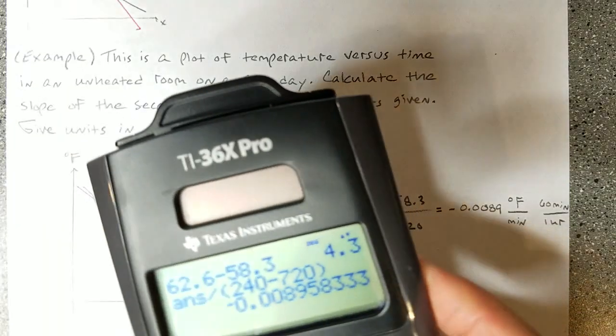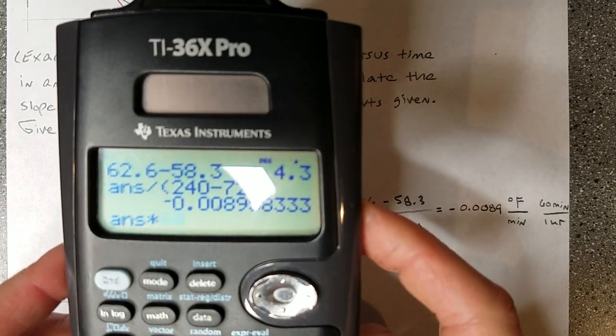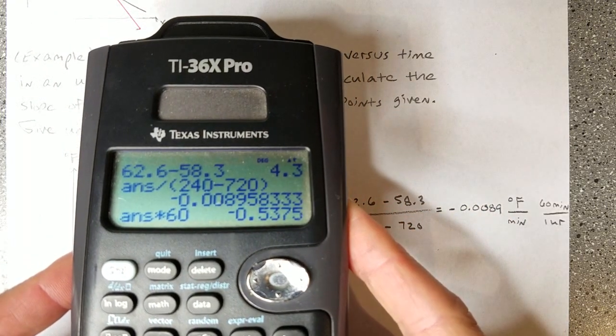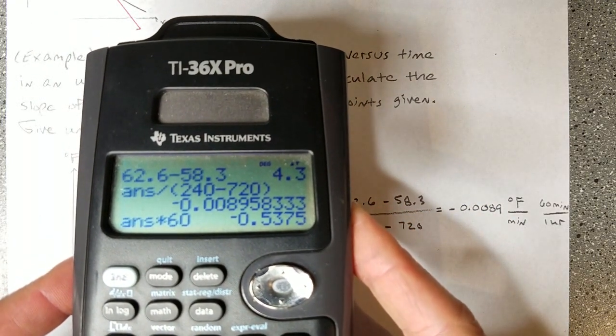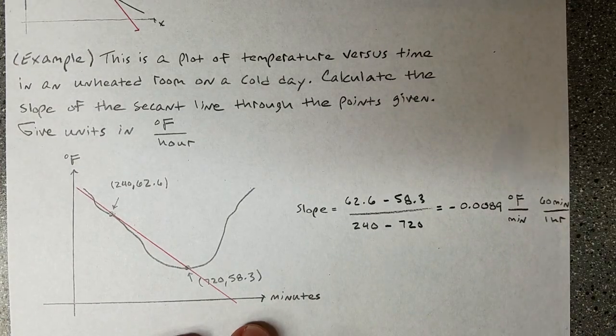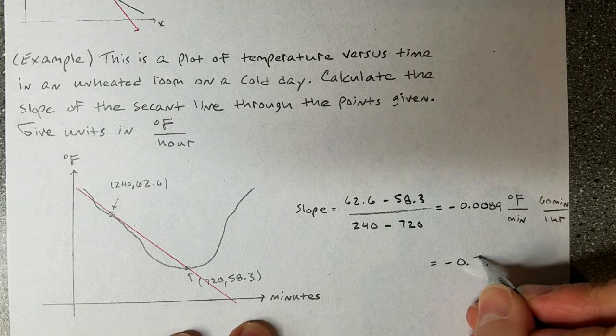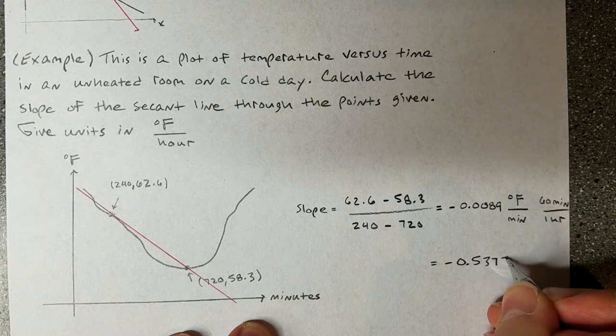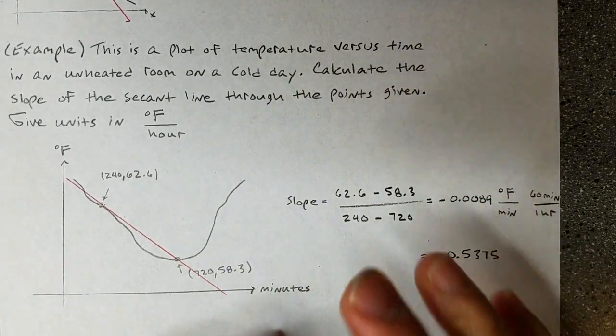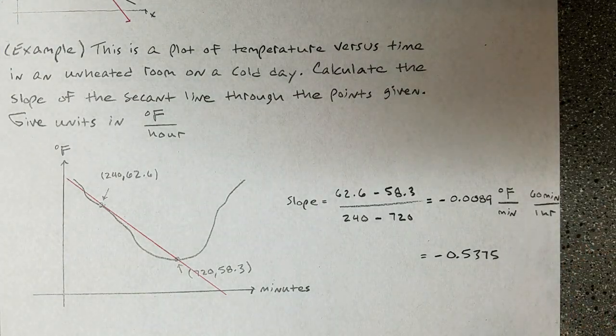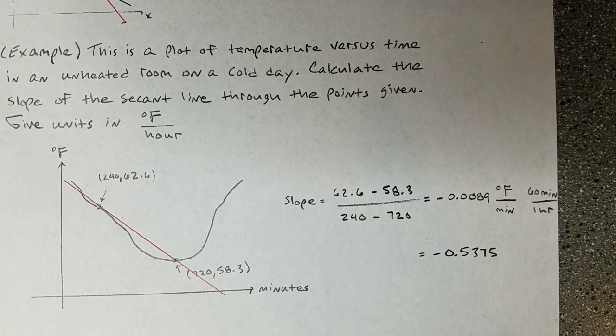So I got my number right here. I'll multiply it times 60, and then I'll get negative 0.5375. That's what we'll report as our final answer, negative 0.5375. Whenever we're dealing with measurements, we will always include our units in our work and our answer.